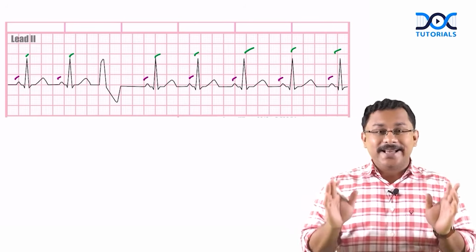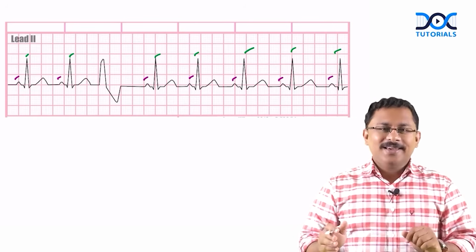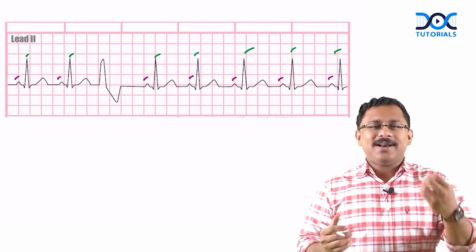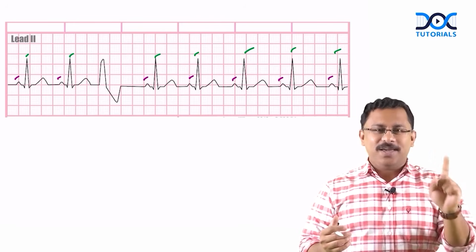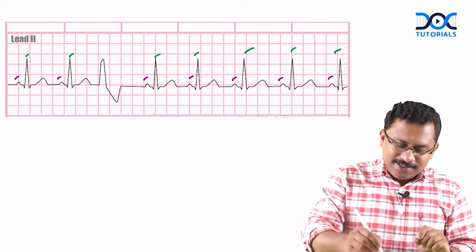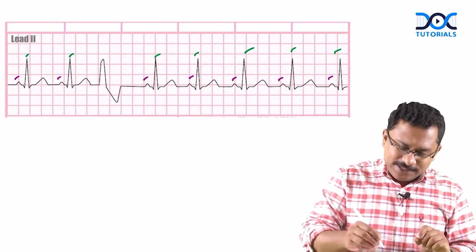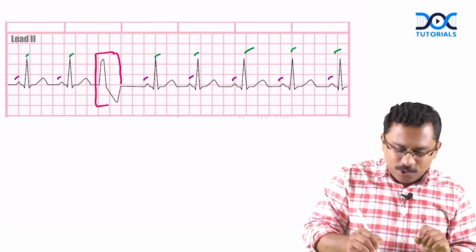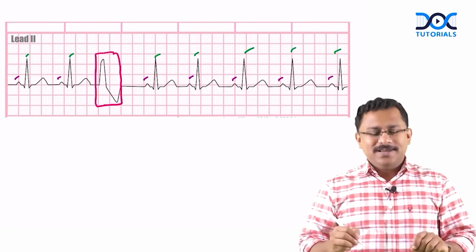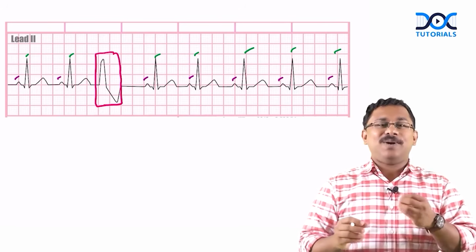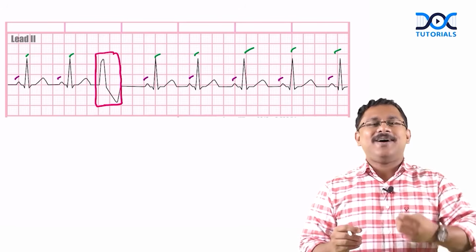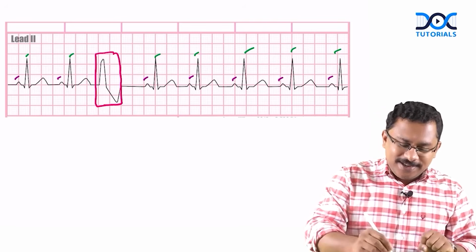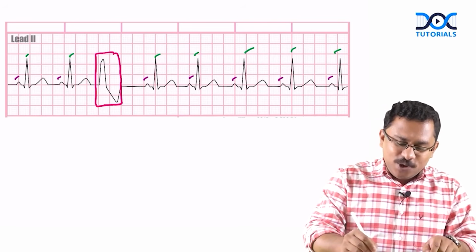My answer is yes. But you answer the second sub-question, whether all the QRS complexes are preceded by P wave. You see that the third QRS complex here, which I am just highlighting in red, you see this wide QRS complex, don't you? So this particular QRS complex does not have a preceding P wave. And what is this particular abnormal QRS complex?